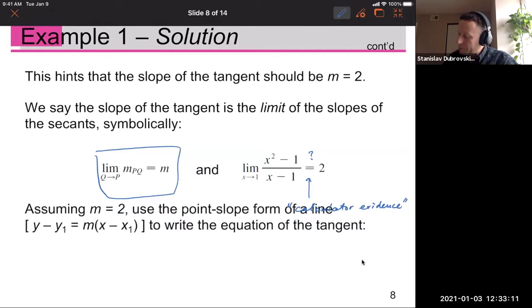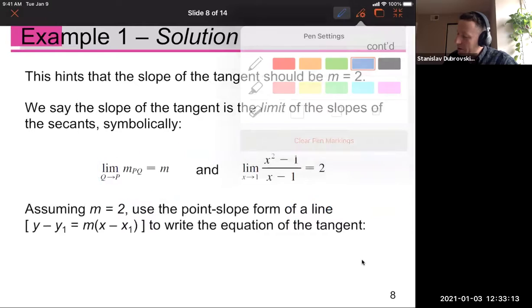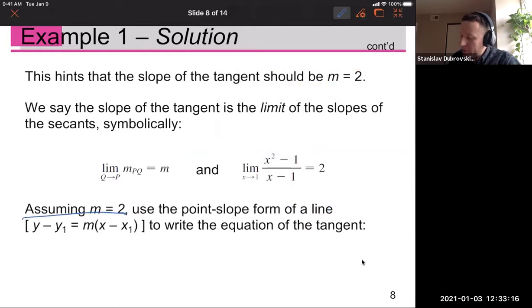Okay, but nonetheless, assuming that that is correct, let's use the point-slope form of a line to write the equation of the tangent line. Pause your video for a second and try to complete the answer to this question. Let's get the equation of the tangent line exactly. Hopefully now you're back, and all it takes is filling in all the unknowns here, all the stationary points.